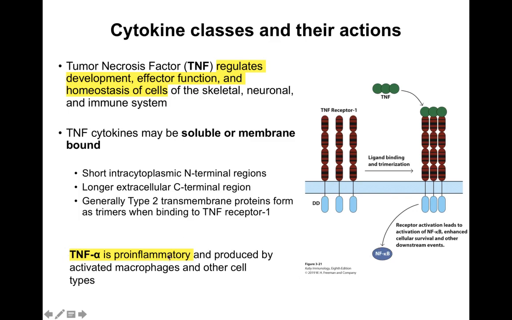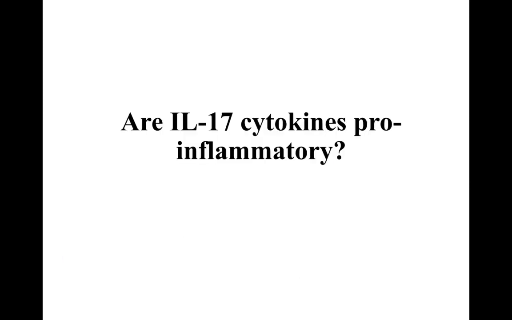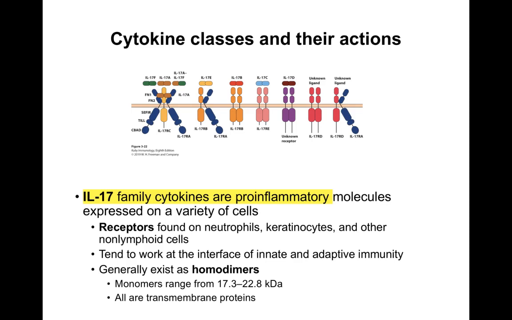TNF alpha is a pro-inflammatory cytokine. Are IL-17 cytokines pro-inflammatory? We looked at these, and there was a chart, and most of them, not all of them, but most of them are pro-inflammatory in general.